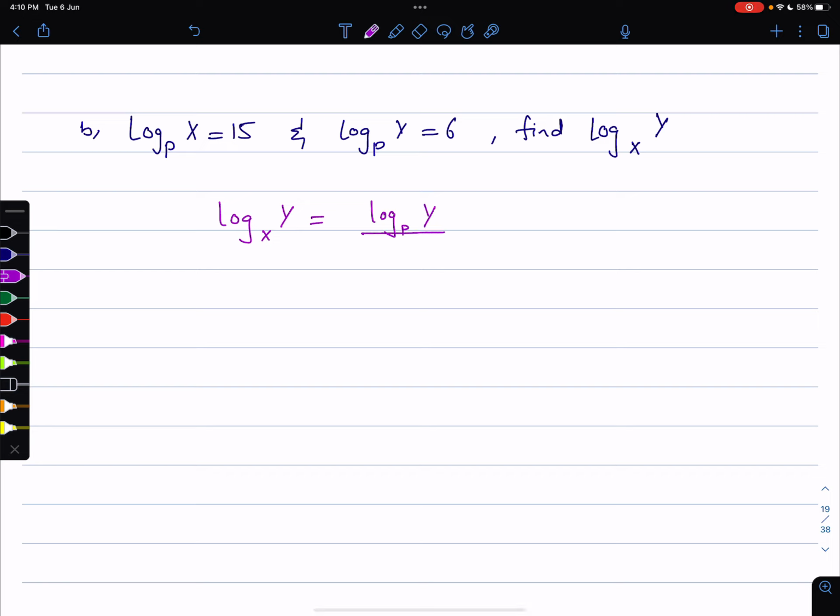So we are going to express this as a fraction by applying the change of base rule. Log to the base p of y divided by log to the base p of x. Log to the base p of y is 6 and log to the base p of x is 15. So 6 upon 15 is 2 upon 5, which is equal to log to the base x of y.